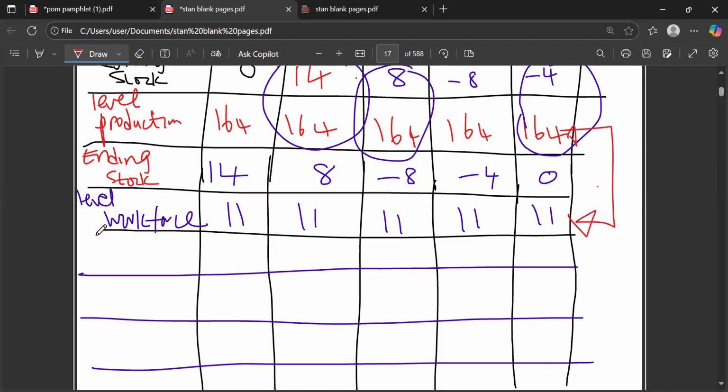Let's find our regular cost. Regular cost will be production units, which is 164, multiplied by 50. You know where 50 is coming from?